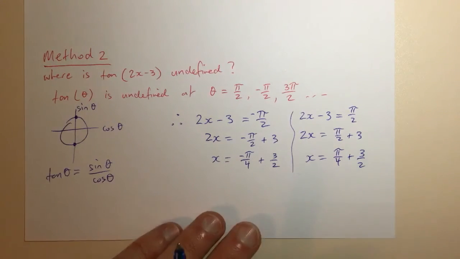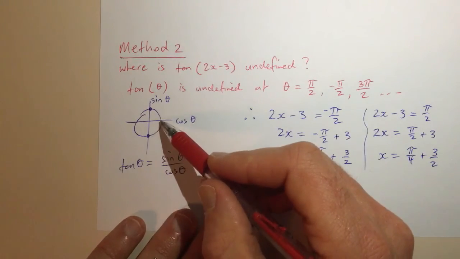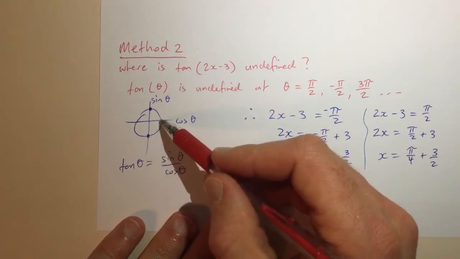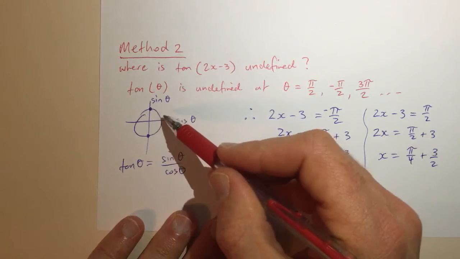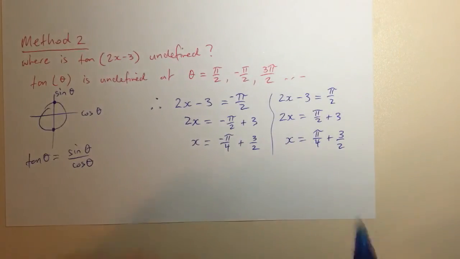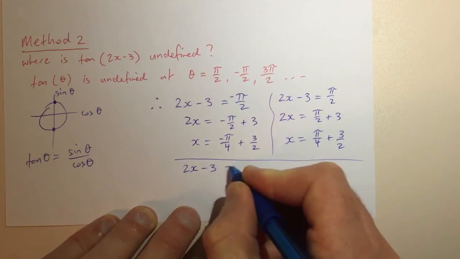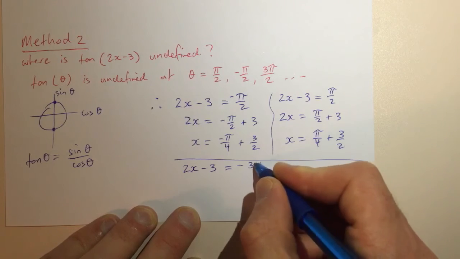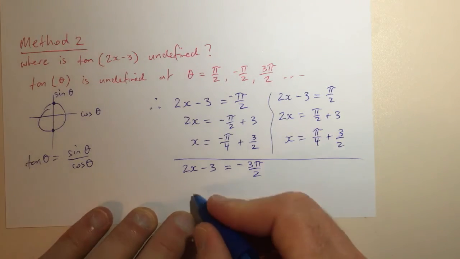So let's go a little bit backwards on our unit circle. We already used the value at negative pi on 2, but if we kept going in the negative direction, this would be negative 3 pi on 2. So let's check if we say that the angle can equal negative 3 pi on 2, whether this gives us a positive value for x or not.